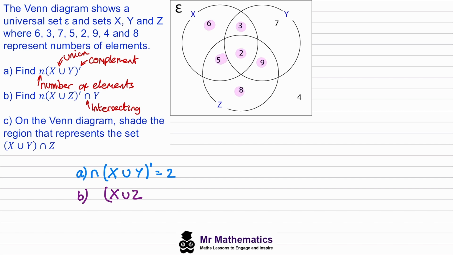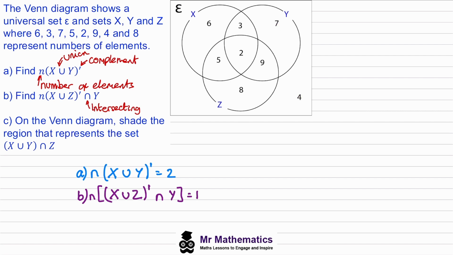We'll find the complement of this, which are the other 2 elements. And then it must be intersecting, so and y. And the only one that matches this criteria is this 7. So you can see that the number of elements within this region is equal to 1, and that's just for 7 here.